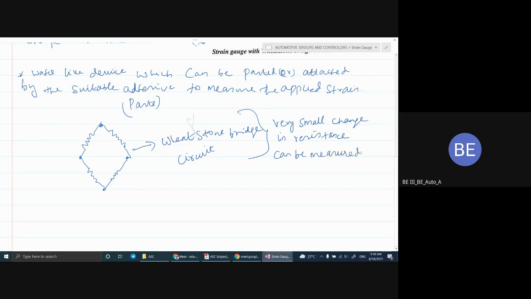So there will be some objective question, an important MCQ: the dash circuit is used to measure very small change in resistance. The answer is Wheatstone bridge circuit.